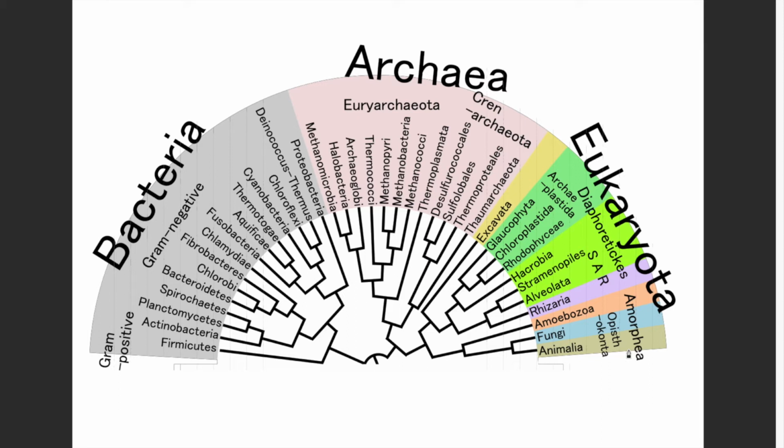So we're all familiar with these three domains of life, the bacteria, the archaea, the eukarya, and we're part of the eukarya group. So that's the tree of life. I have been fortunate enough to have looked upon the different trees of life that are out there. You can look them up.